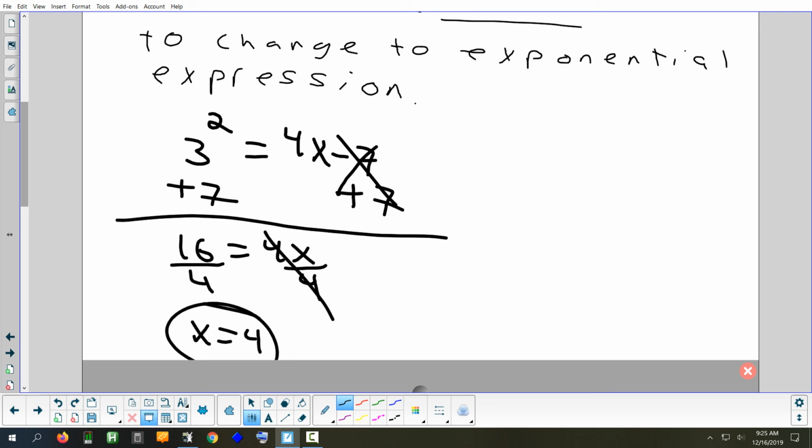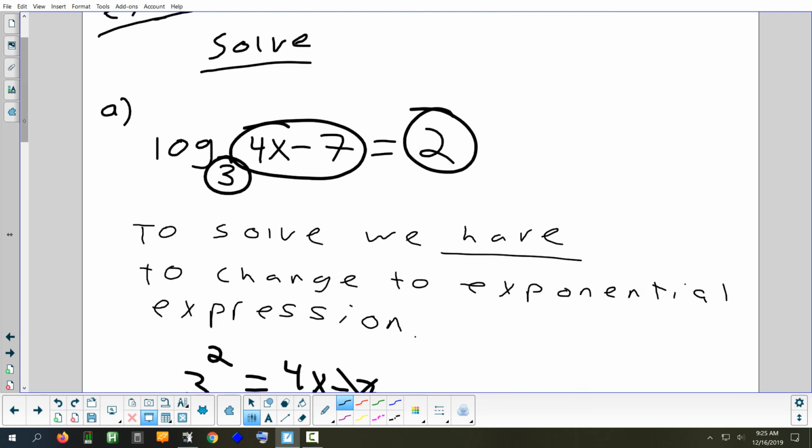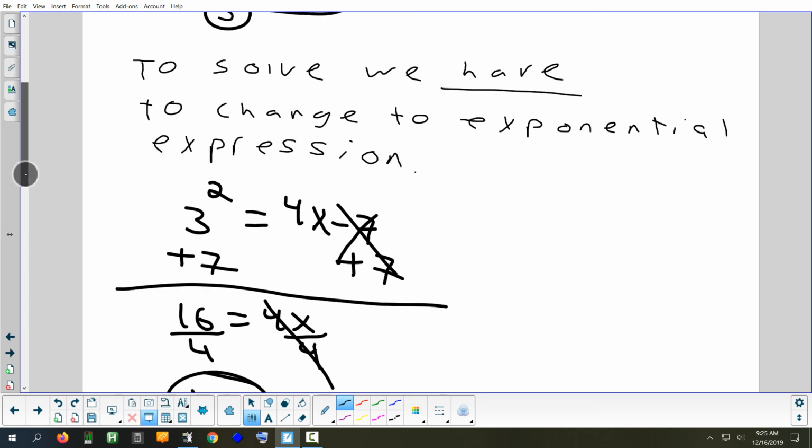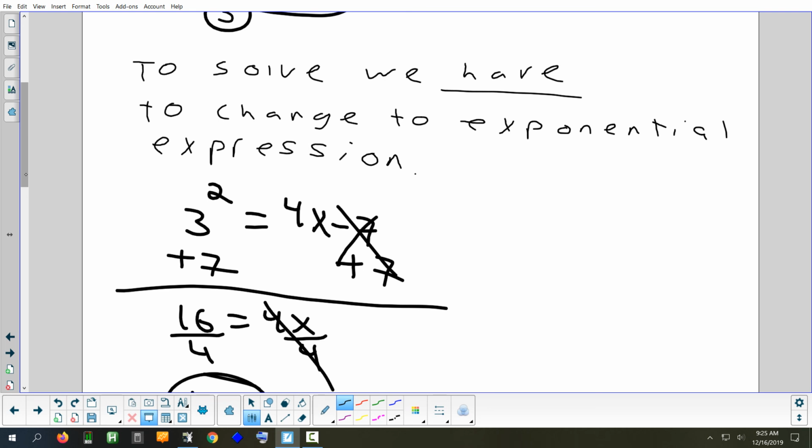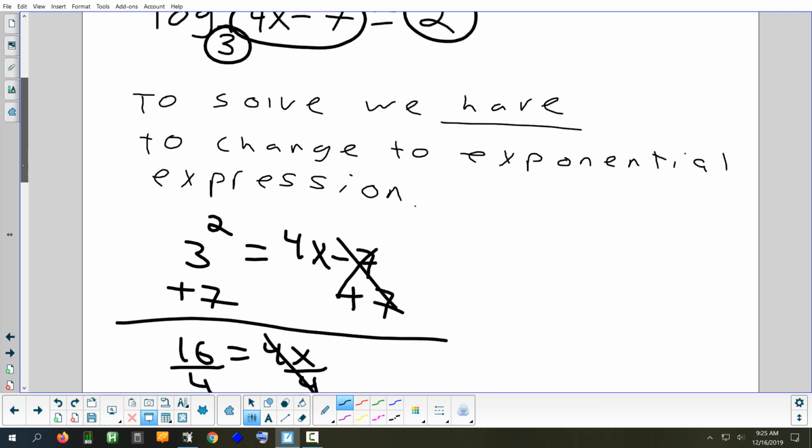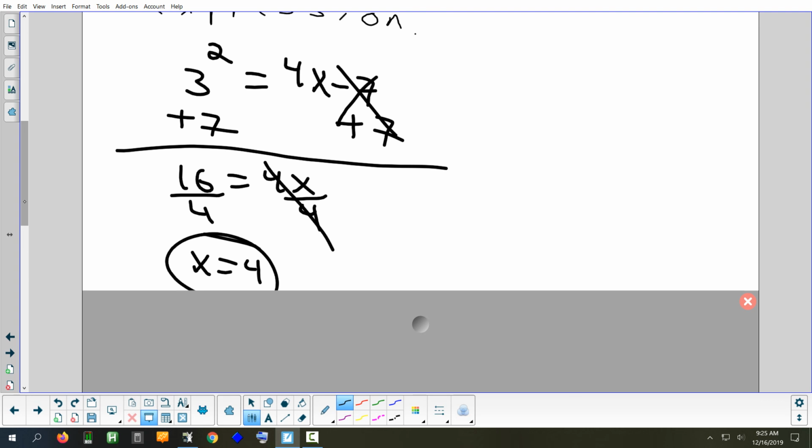That's your answer. So when you first look at it, it might look like a confusing problem. Walking in today, you probably would have had no idea how to solve it. Now when you change it to an exponential, it turns into a very simple algebra 1 problem. Any questions on those steps?